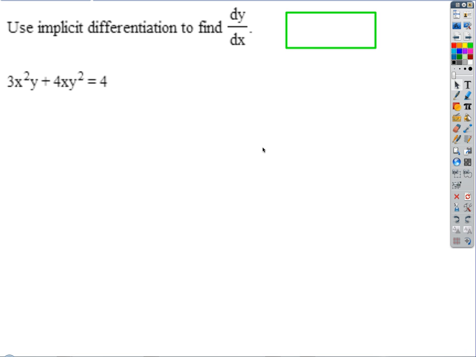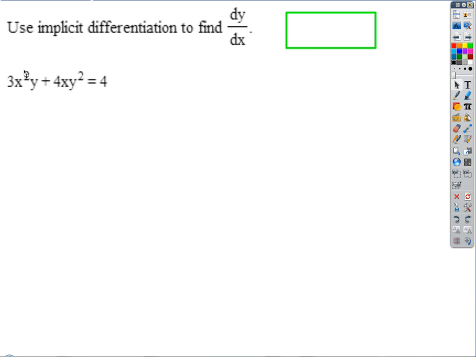Now what's nice about this, and you've done enough of these already that you've seen this pattern, is that if I just look at what the outcome is going to be in general for each of these two terms, let's just take the first term. I know that I'm going to get some combination of inconvenient rules and lots of algebra, but when I use the chain rule, whatever I get with my first layer, the second layer is just going to be a y prime to the first power, isn't it?